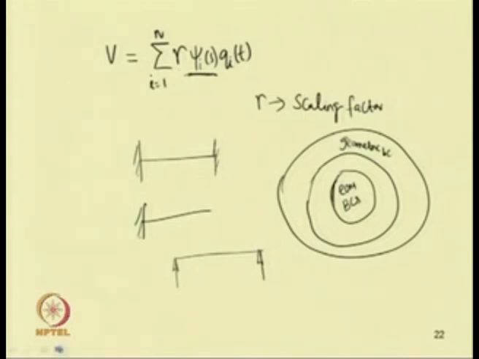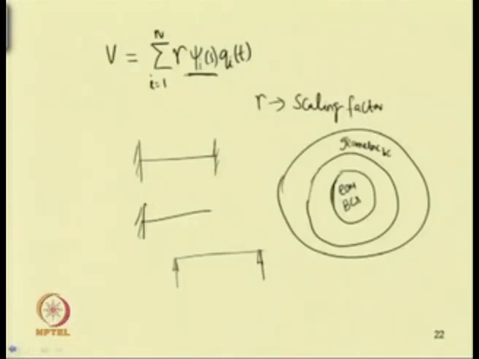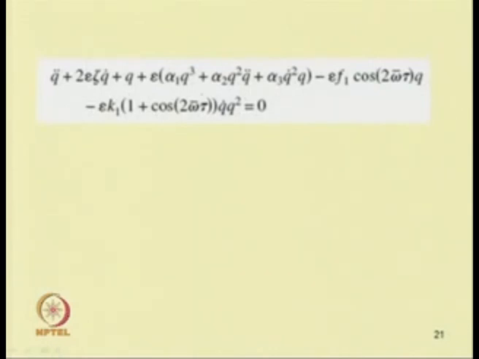For example, in this case, by substituting V equal to R psi(s) q(t), if we apply the Galerkin method, one can reduce this equation to the temporal form, where the equation in space and time is written only in terms of the time coordinate, that is q or time modulation, and the space part becomes the coefficient of that term.